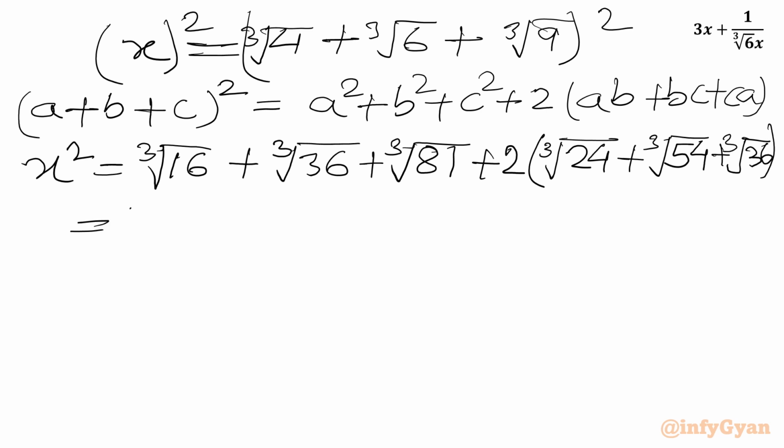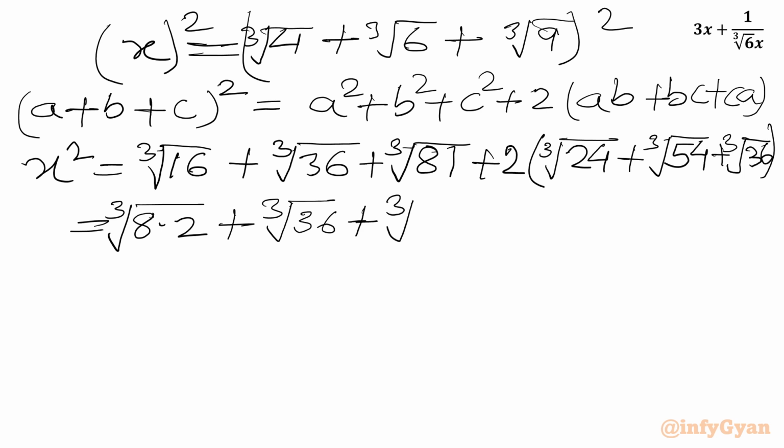Now we can write cube root 16 as 8 times 2, plus cube root 36, plus cube root 81. We can write 27 times 3, plus 2 times cube root 24.